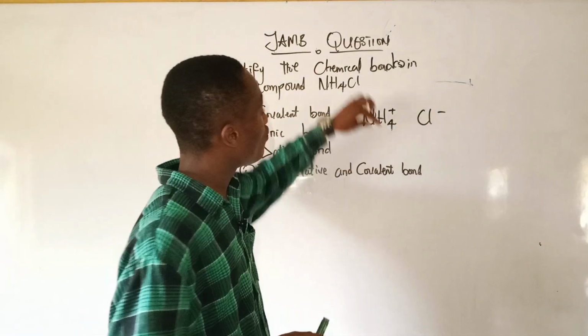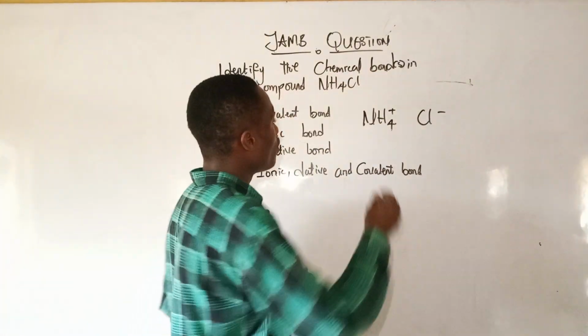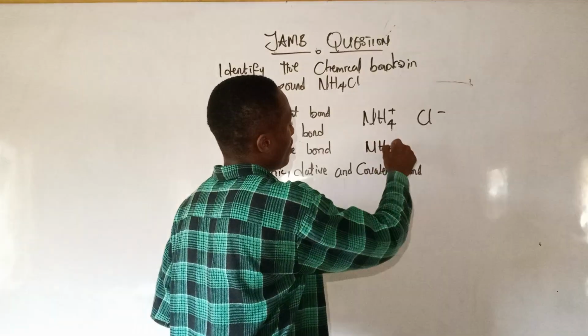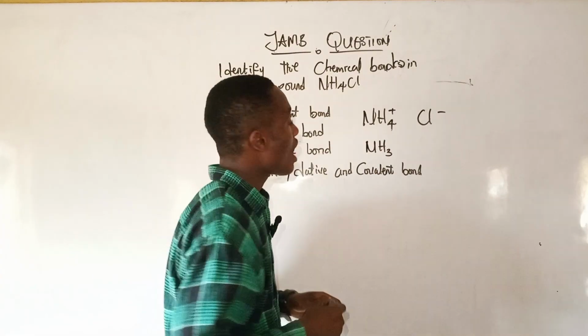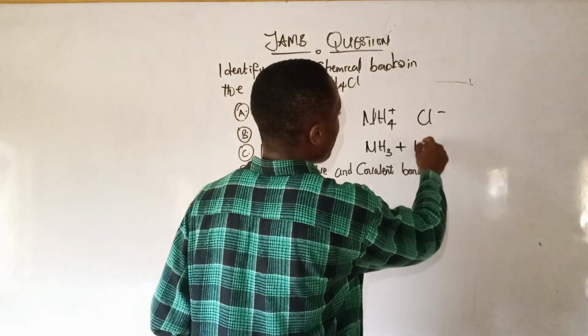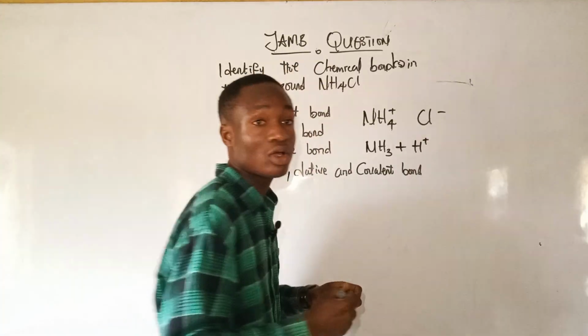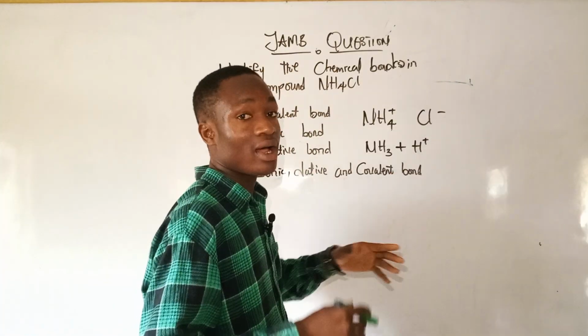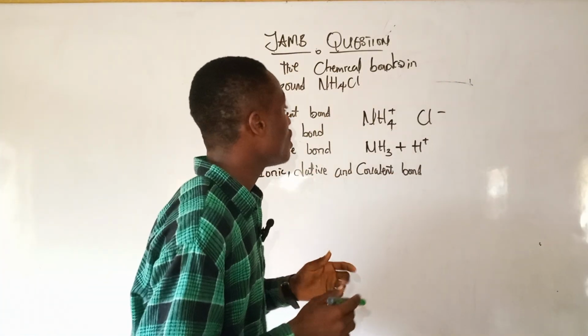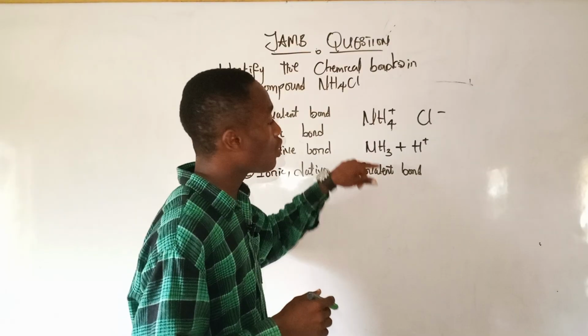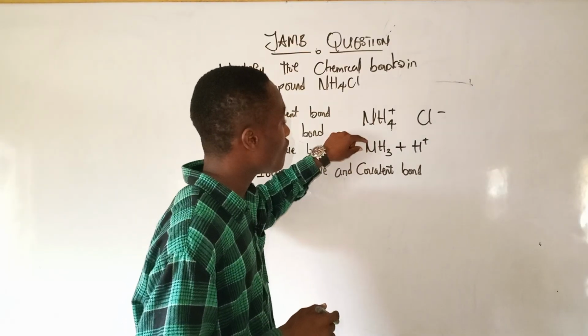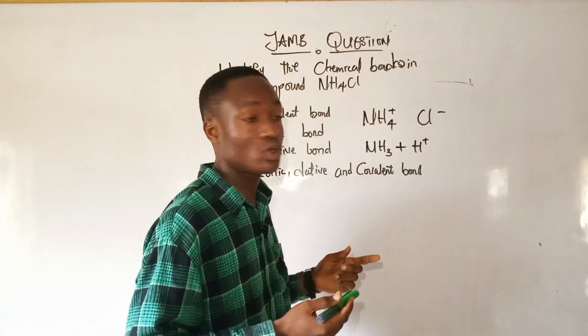In order to form this ion, ammonia, NH3, had to combine with the empty orbital of a hydrogen atom. Remember, a dative bond is formed between a molecule or an atom that has unpaired electrons.